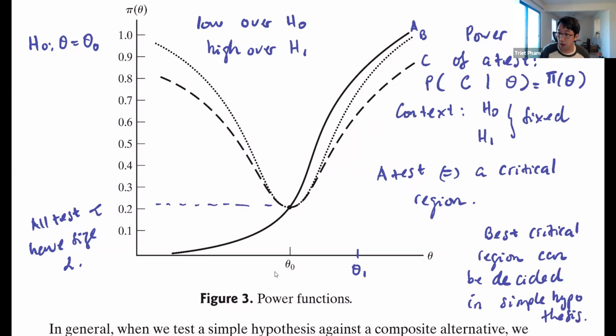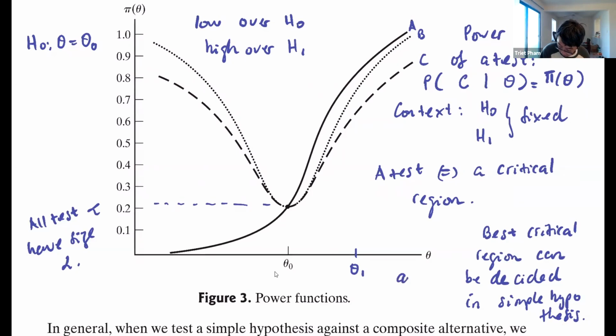But if the hypothesis is composite, you may or may not be able to decide it. It really depends on how the power function is structured. Are we okay? So actually here, I must say that the best critical region can always be decided under simple hypothesis because you're just comparing 2 points. But not necessarily so.